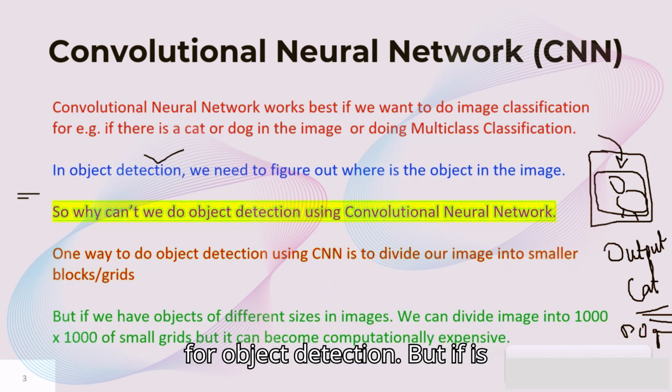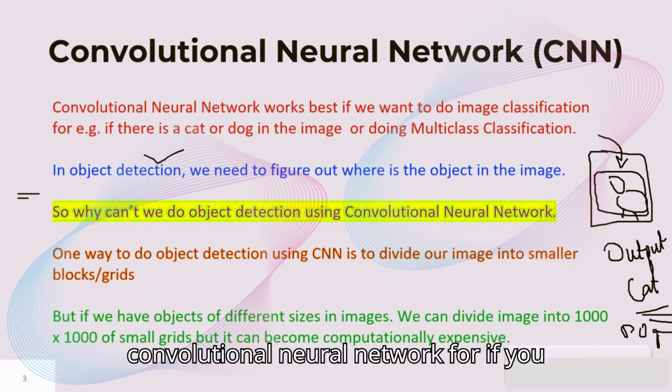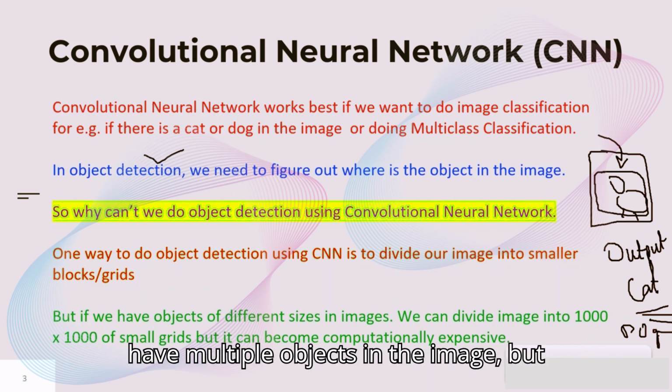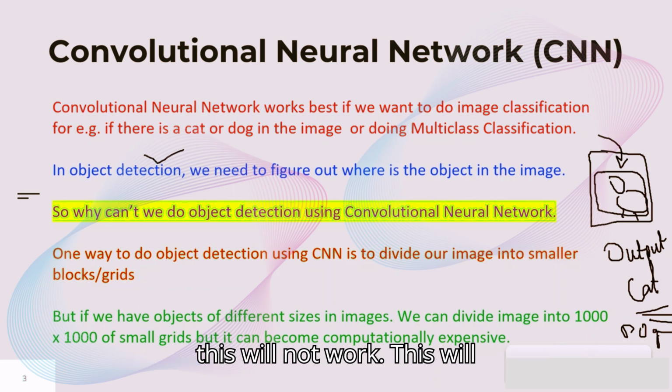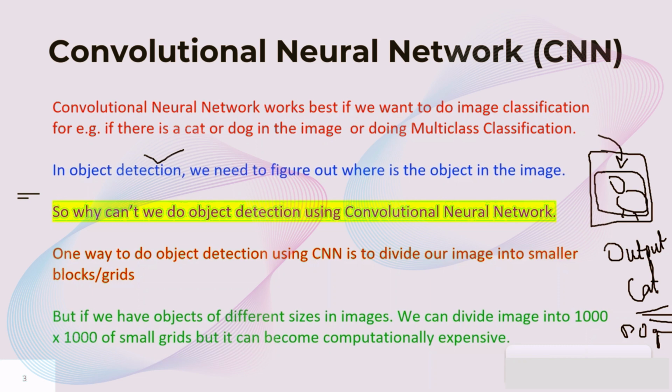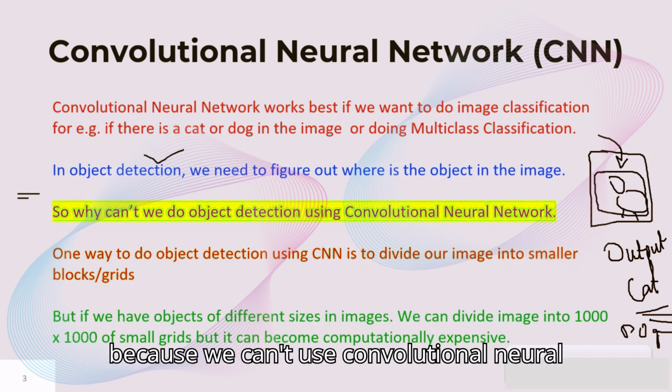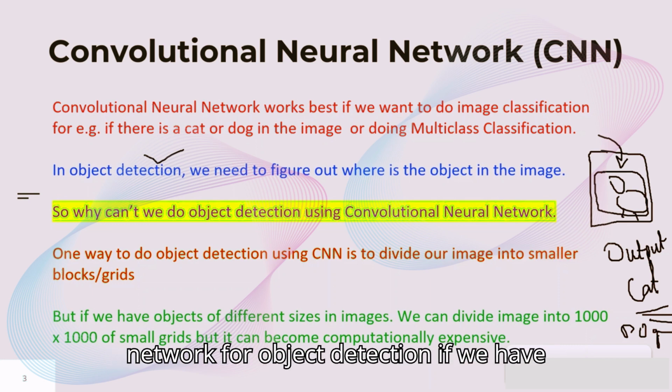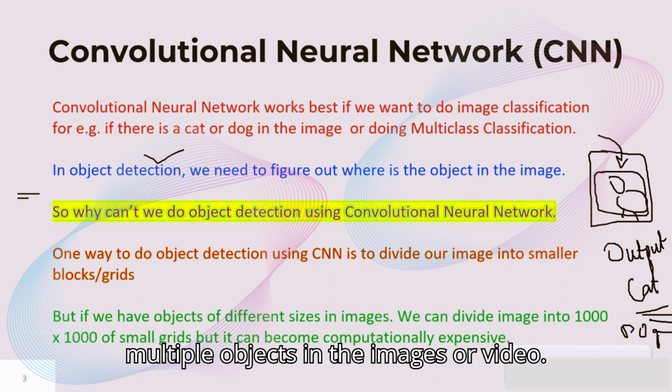But is there a way out? You might be thinking, yes, there is a way. You can use convolution neural network if we have multiple objects in the image, but this approach will fail, because we can't use convolution neural network for object detection if we have multiple objects in the images or video.